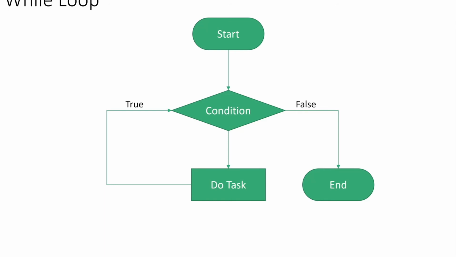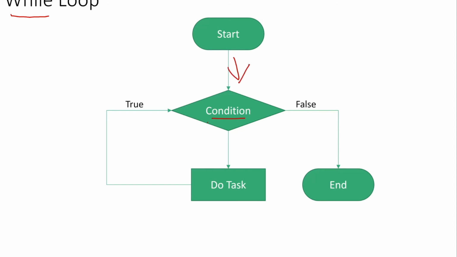Now let's take a look at the while loop and the while loop alone. Remember, this is the one that we used to keep on doing something until some condition was not met. So let's see how this is done in coding. First, from the start of the loop, it checks a condition.